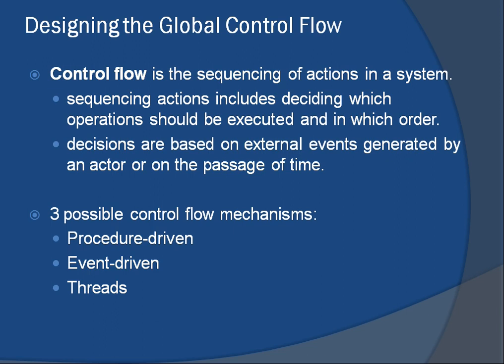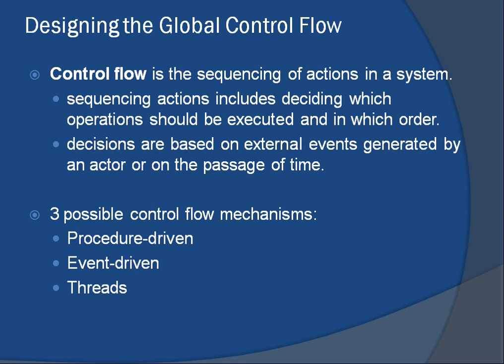These decisions are based on external events generated by an actor or on the passage of time. Either we make these decisions when an external event is triggered by an actor, or with the flow of time. As time passes, we can switch to some other events here.